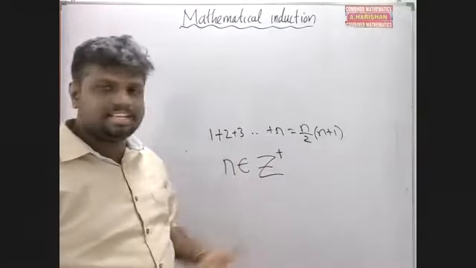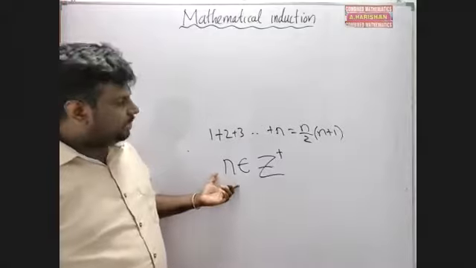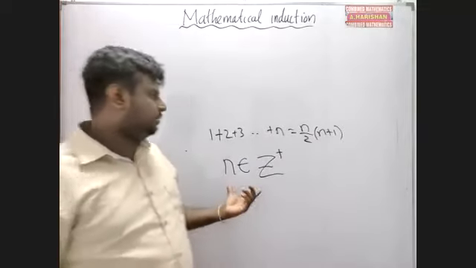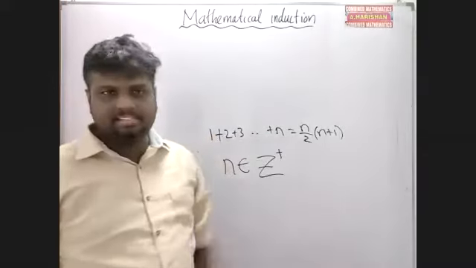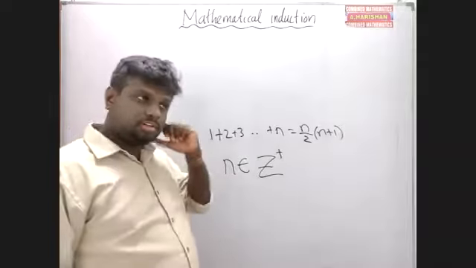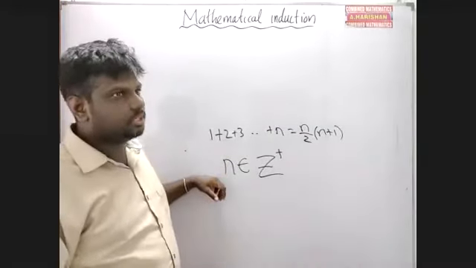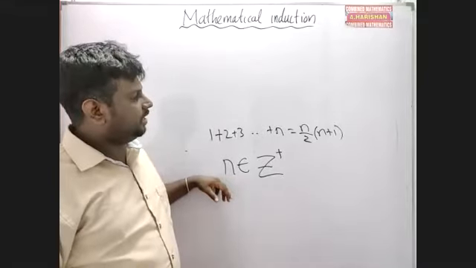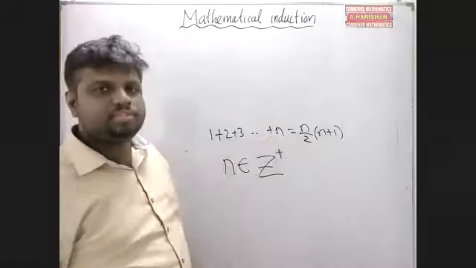So there is a process, and I'll tell you what that is. So if anyone comes up with a statement like this, how are you going to verify whether it is true or not? You don't know, because you have to put values for n and check.